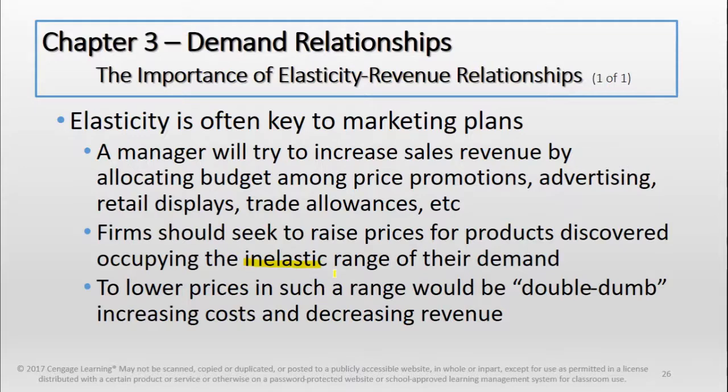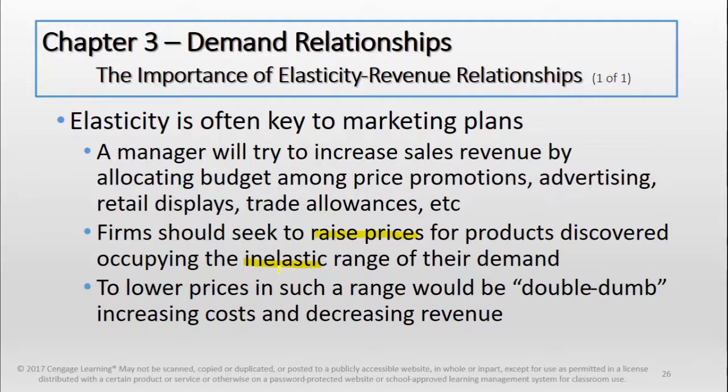If you are in the ICU, even if your oxygen tank becomes more expensive, you cannot say that you won't buy an oxygen tank now. So even if it is expensive, you will still opt to buy an oxygen tank. Meaning even if there's a significant change in price, the change in your demand is small. That is why firms like to raise prices for those products whose elasticity of demand is inelastic.